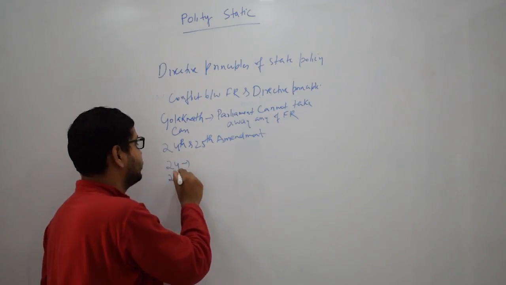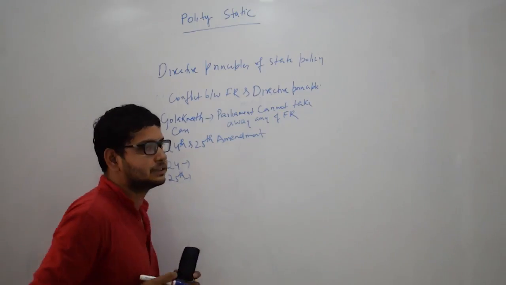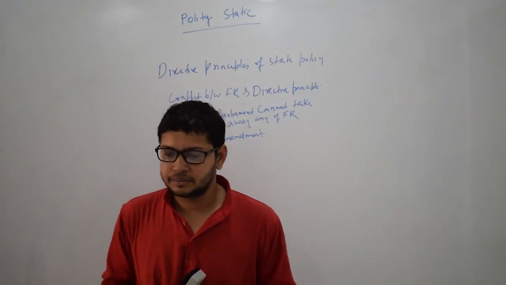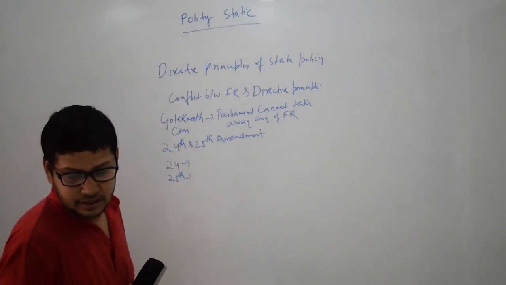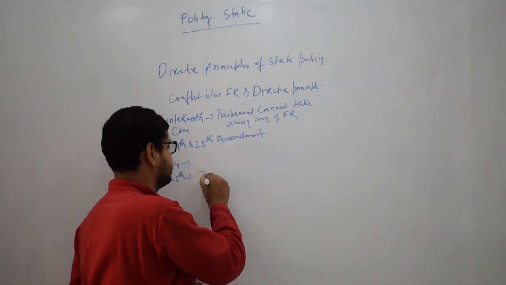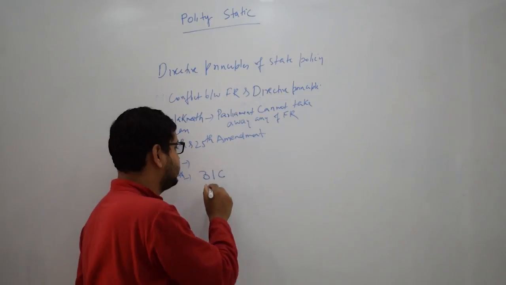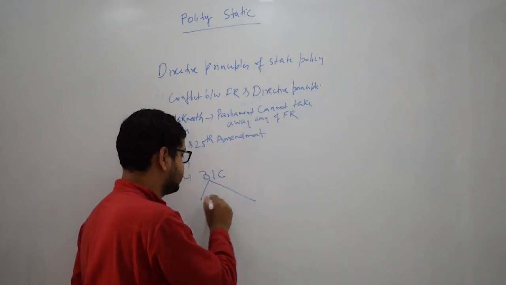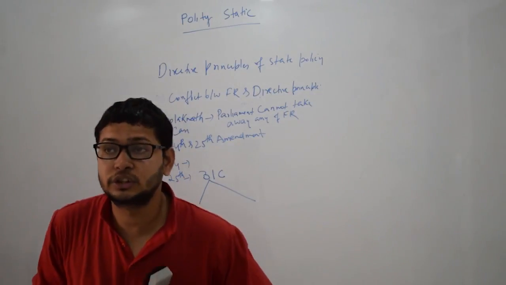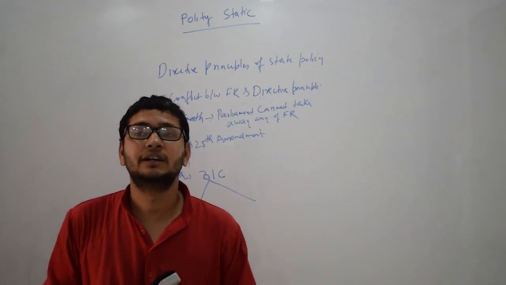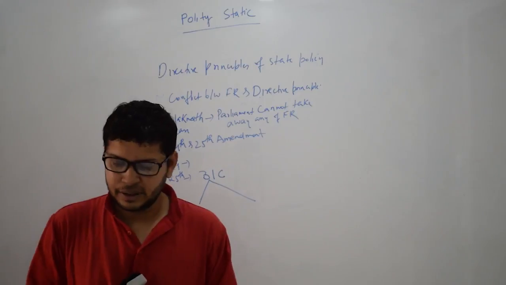And the 25th Amendment inserted Article 31C, which had two provisions. 31C is the most disputed, most controversial article inserted by the Indira Gandhi government.